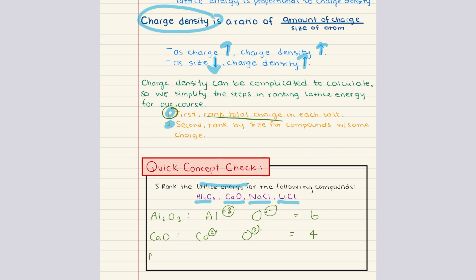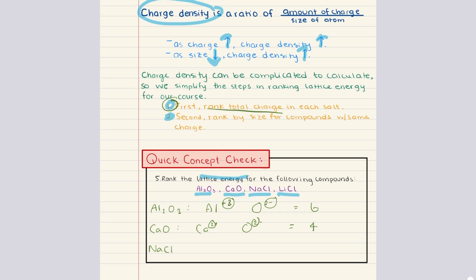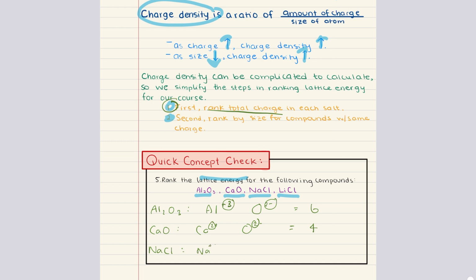For sodium chloride, our sodium cation has a +1 charge, and our chloride anion has a -1 charge. 1 times 1 is equal to 1. And then finally, we have lithium chloride. Lithium has a +1 charge, and chloride has a -1 charge. 1 times 1 is equal to 1.